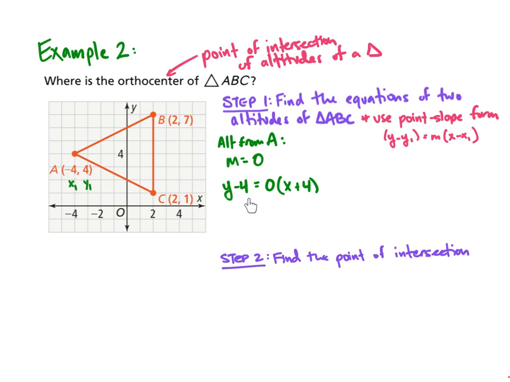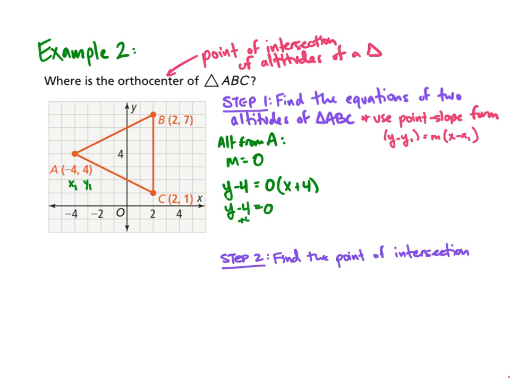Now I want to simplify this, and I'll notice that this entire parentheses is getting multiplied by 0. When I multiply anything by 0, it just turns into 0. So that simplifies to y minus 4 equals 0.